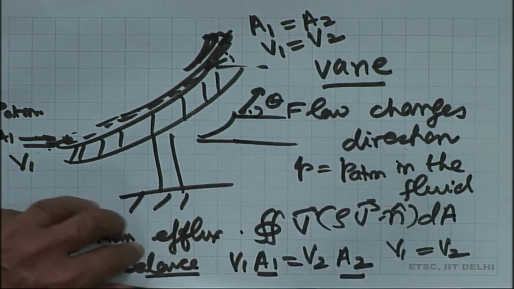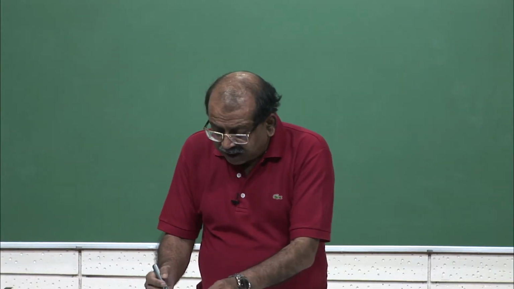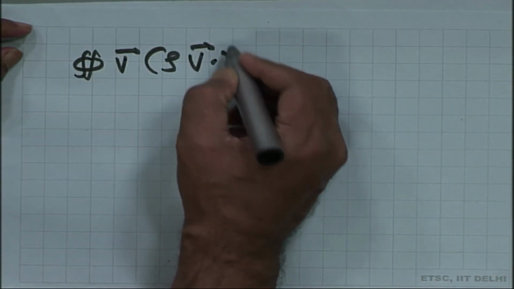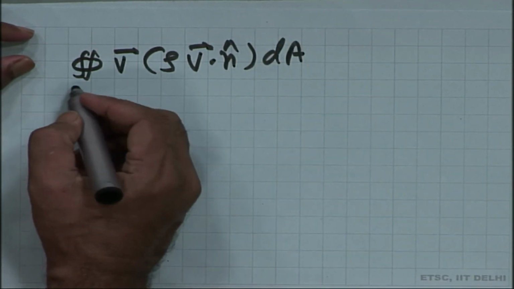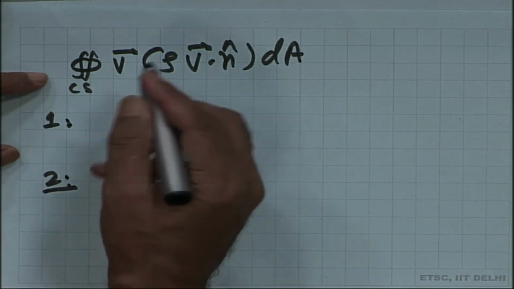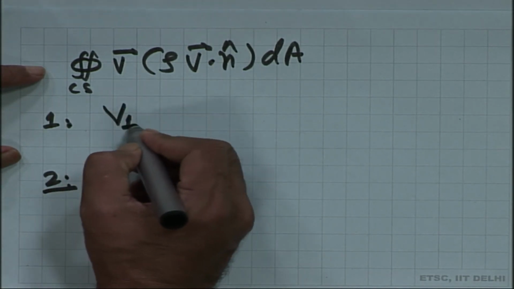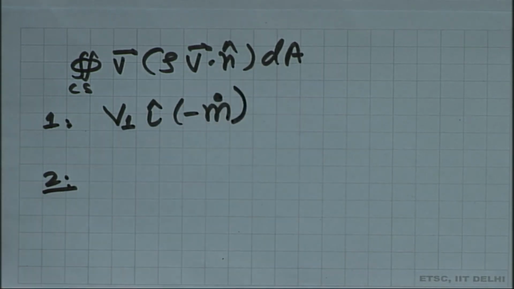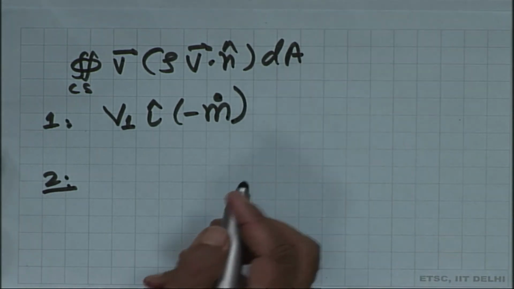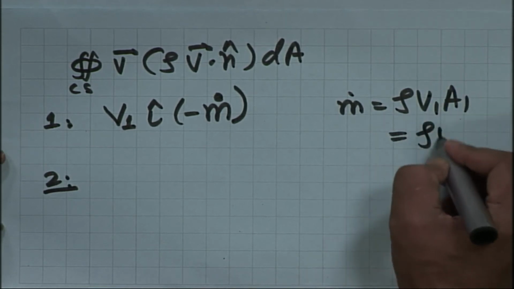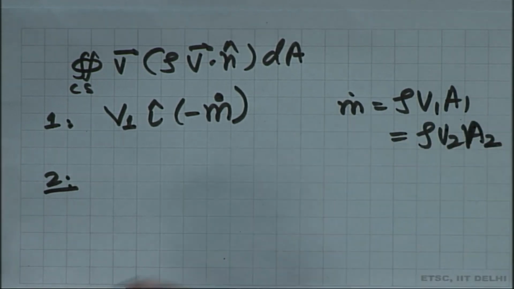Now, let us say the turning angle of the vane is given to be theta. So, in the efflux term, we have integral of V rho V dot n dA. This has to be calculated on surface 1 and surface 2. On surface 1, velocity is equal to V1 i, and rho V dot dA will be minus m dot, where m dot is equal to rho V1 A1 and is also equal to rho V2 A2.